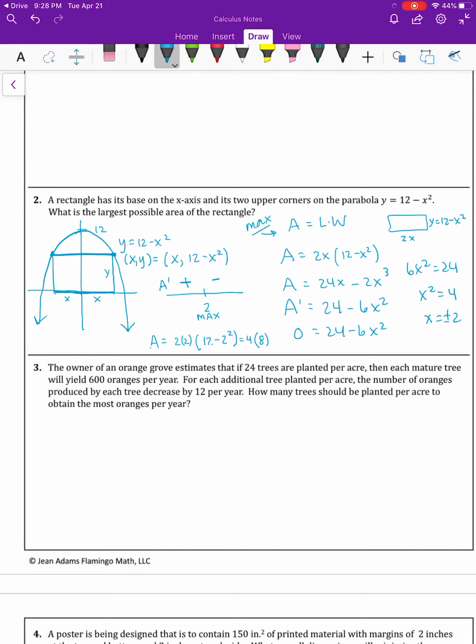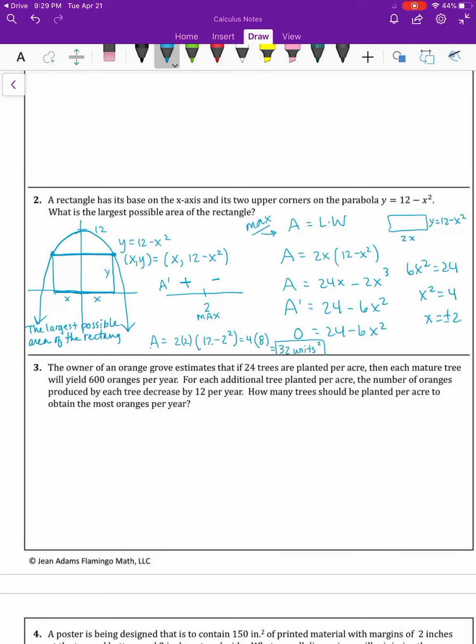Well, to find the largest possible area, I have to take 2 times 2, because that's going to be my 2x, my length, and then times 12 minus 2 squared. So this is going to be 4 times 8. So my maximum area for that rectangle is going to be 32, and they really didn't give us any units, so I'm going to say 32 units squared.